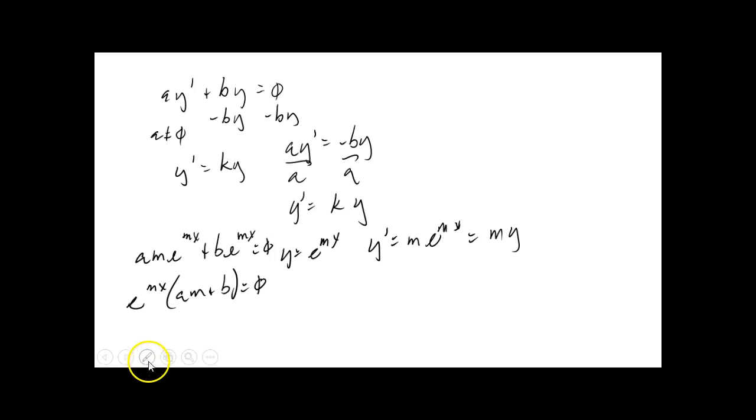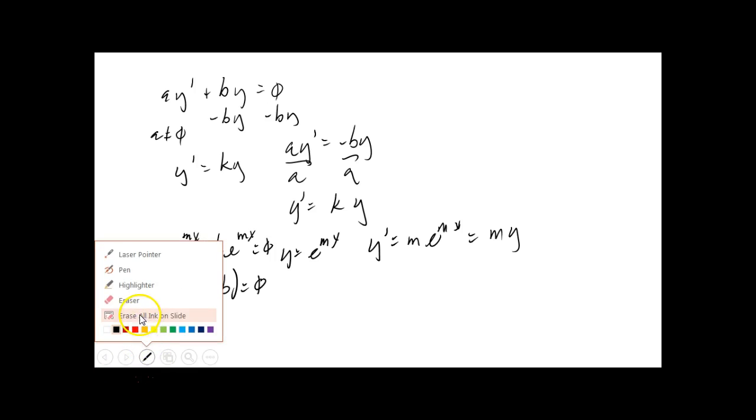So they can sure beat something really easy into a mess. All right. Here's one. 2y prime plus 5y is equal to 0. Okay?